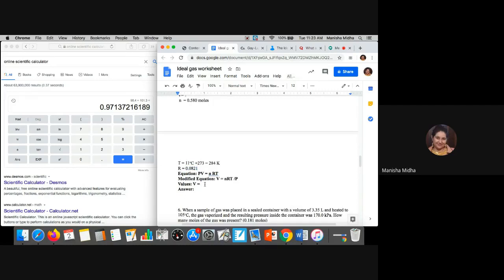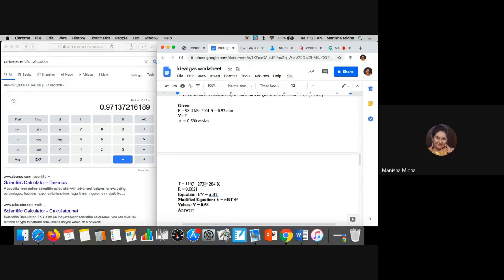N is 0.580. I'm just copying these values down from the above givens. R is 0.0821 times the temperature, 284 Kelvin, divided by pressure, which is 0.97.